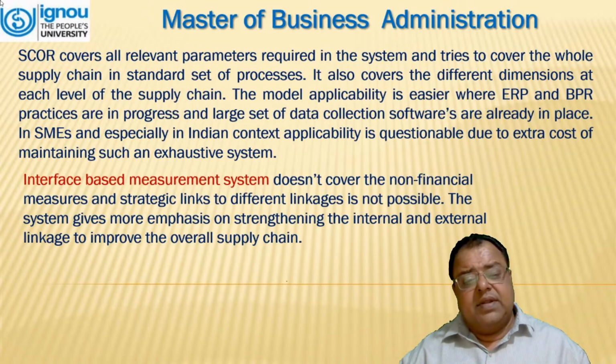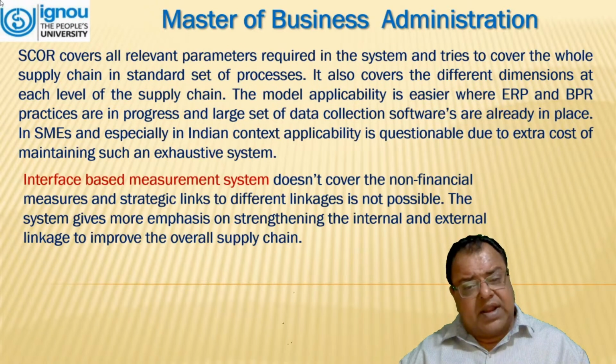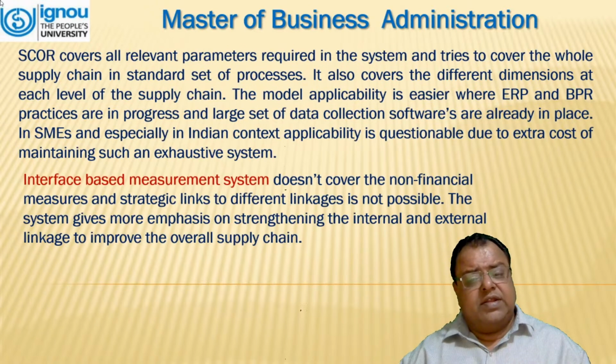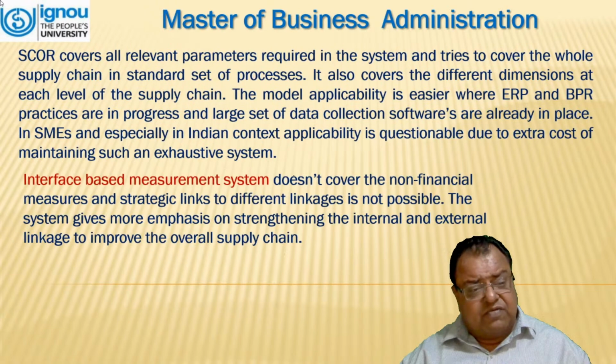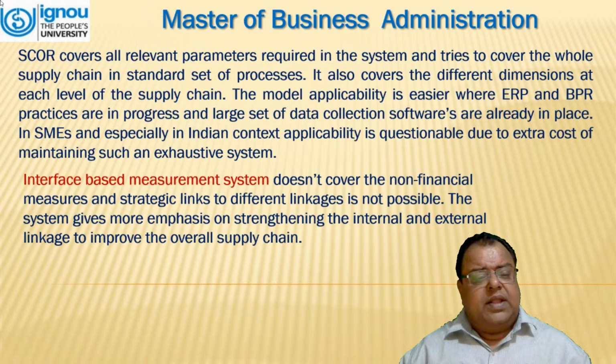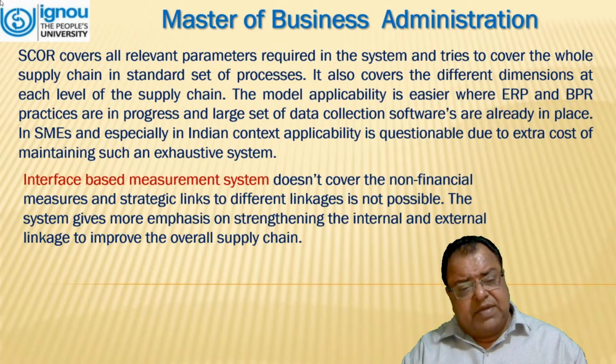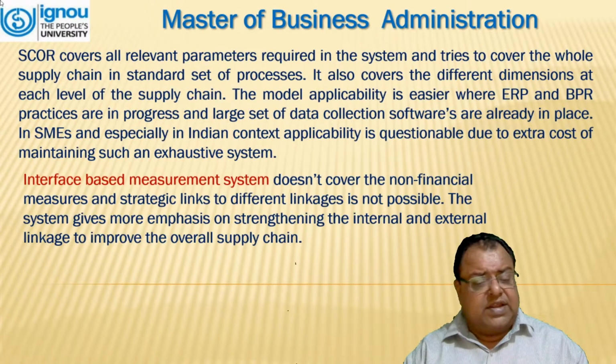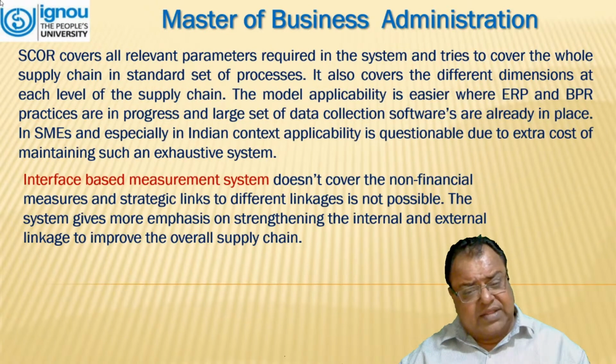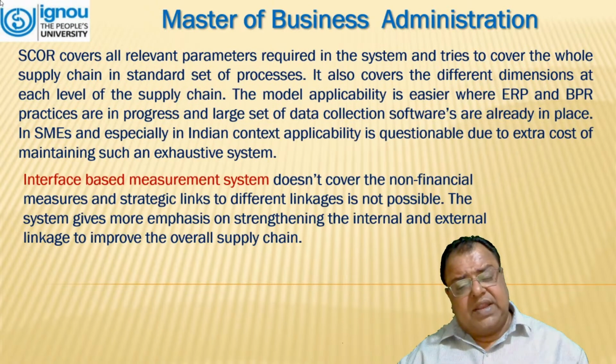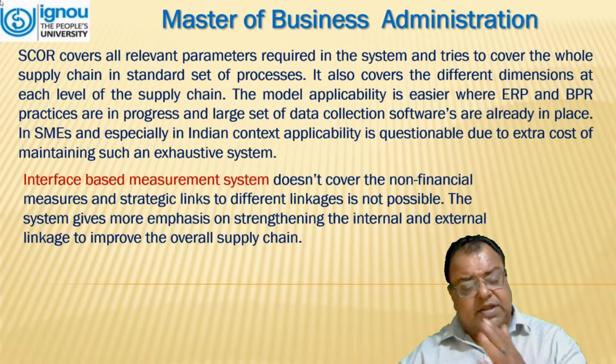In SMEs, and especially in the Indian context, applicability is questionable due to the extra cost of maintaining such an exhaustive system. Interface-based measuring system does not cover the non-financial measures, and strategic links to different linkages are not possible. The system gives more emphasis on strengthening the internal and external linkages to improve the overall supply chain.